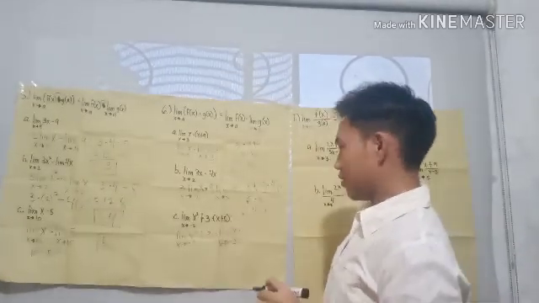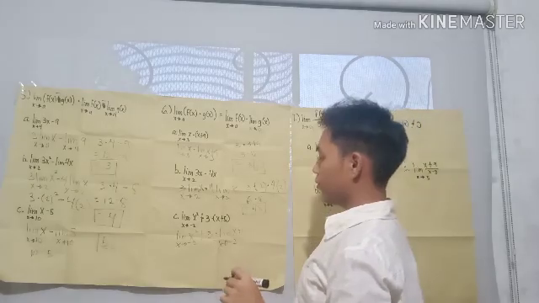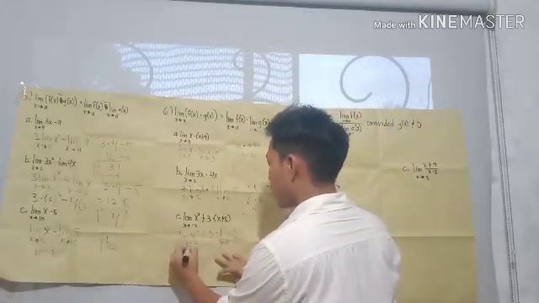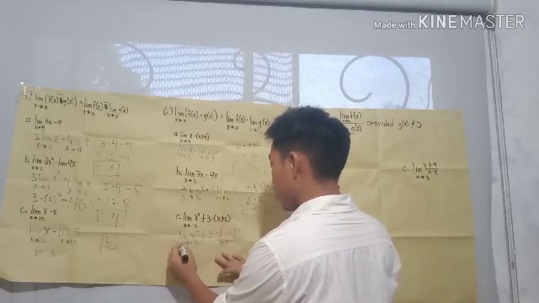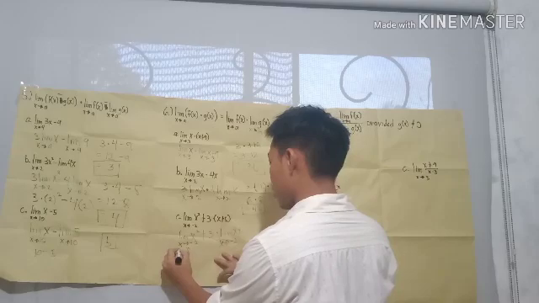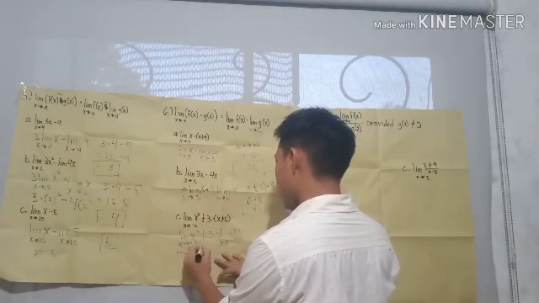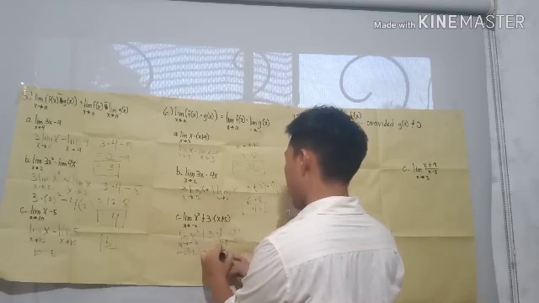Okay, now let us substitute the values of x, which is negative 2. So, negative 2 squared plus 3 multiplied by negative 2 plus 5.